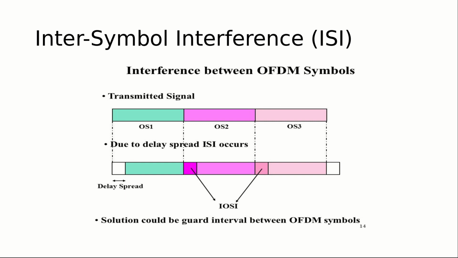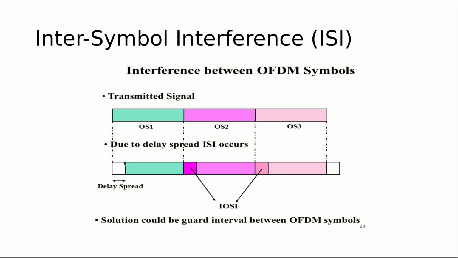When the signal passes through multipath and hits an obstacle or building, it will reflect, and due to that some delay will occur. What happens at the receiver side is that it will overlap onto another symbol. Here we are transmitting an OFDM symbol.